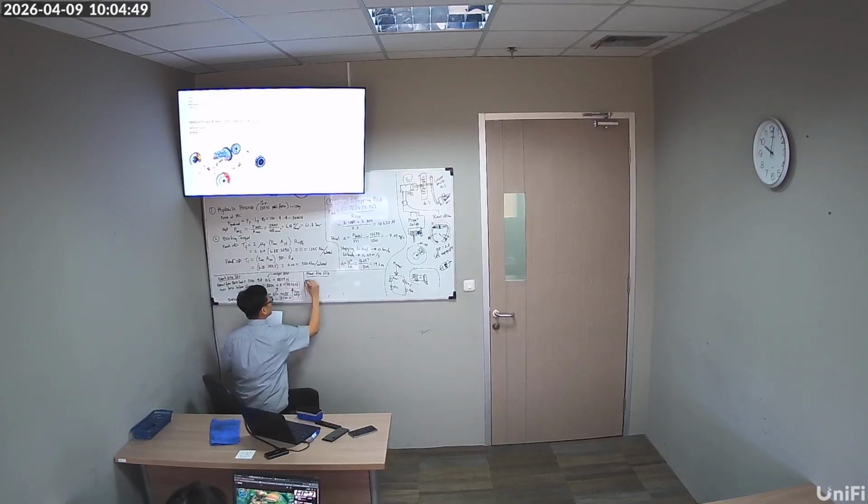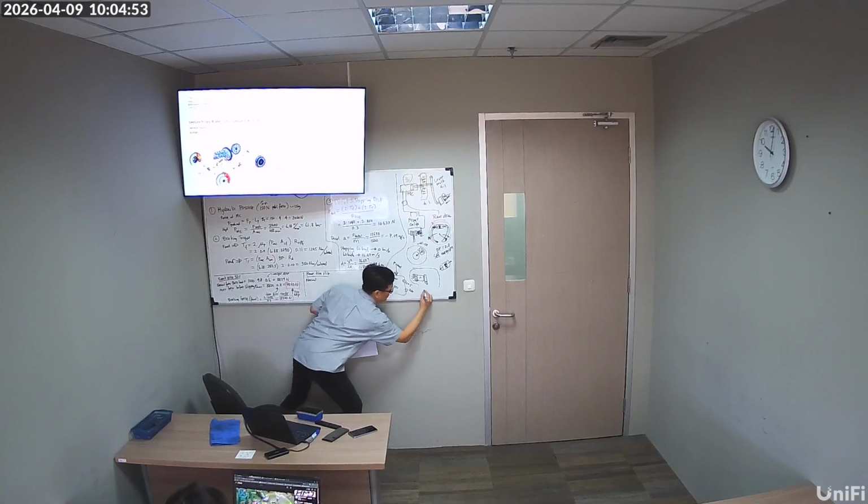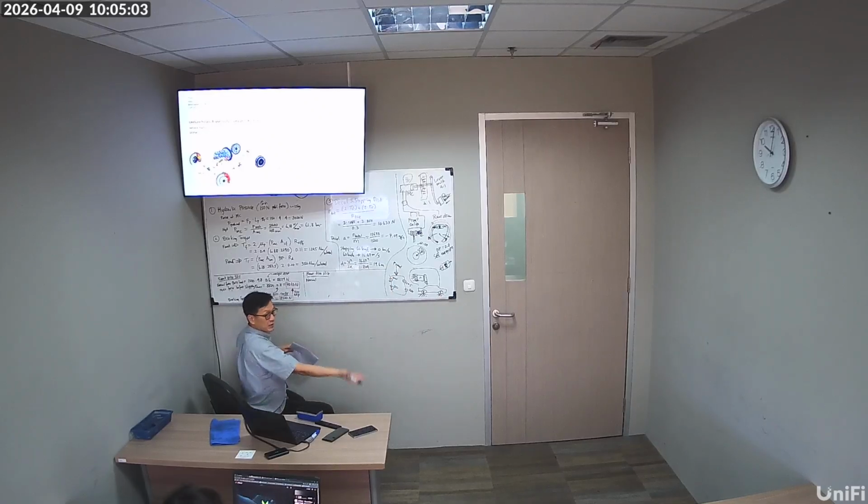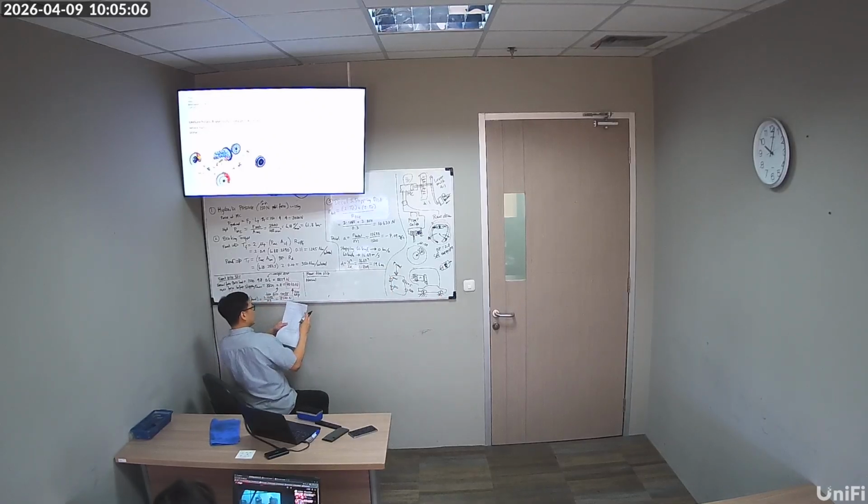Let's see. So the normal force, you understand what I mean by normal force, right? So this is the ground, the normal force is this. It's the force from the ground supporting the weight.